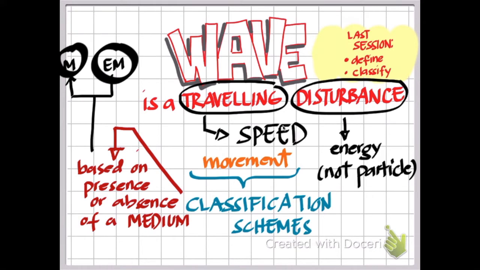Now, the next classification scheme, I told you we have two, is based on the directions of the wave itself and the oscillation of the particles. If you disturb something, then that disturbance or the energy will be passed from one molecule to another. The direction of passing energy is the general direction of the wave.